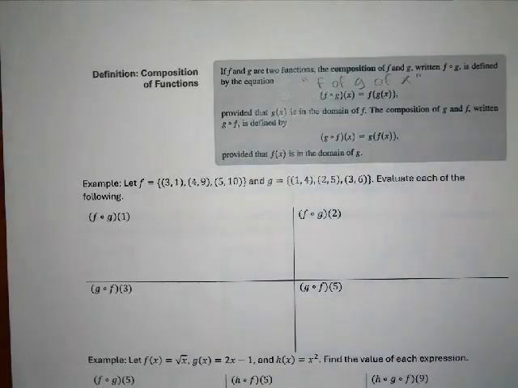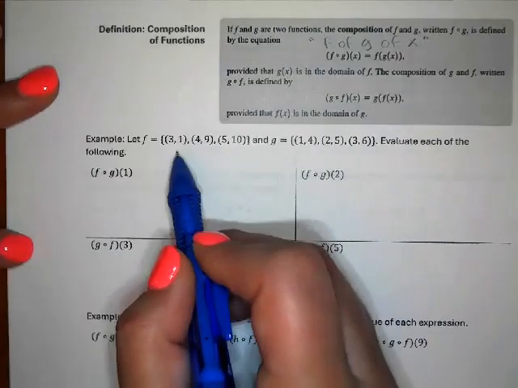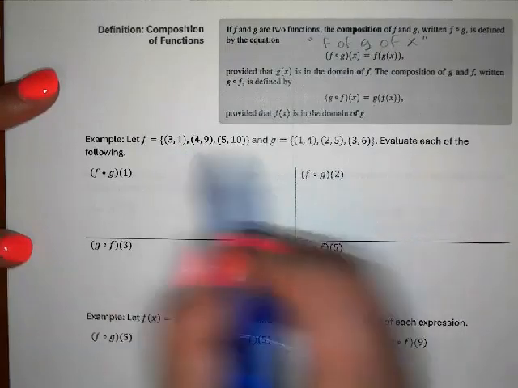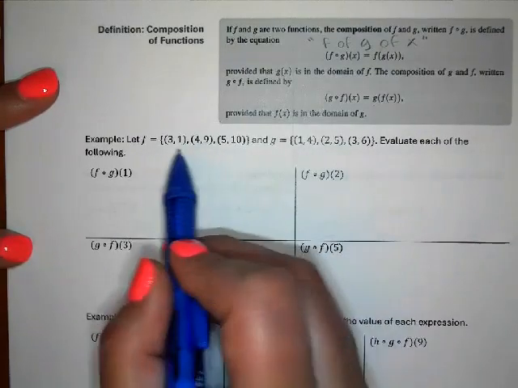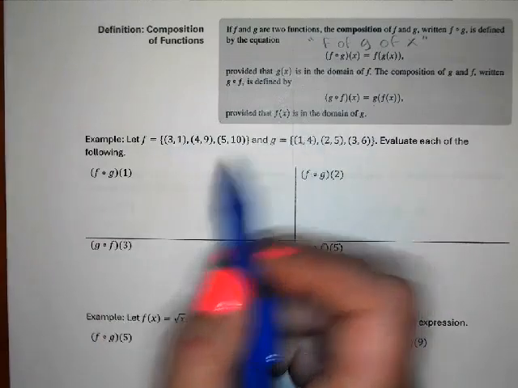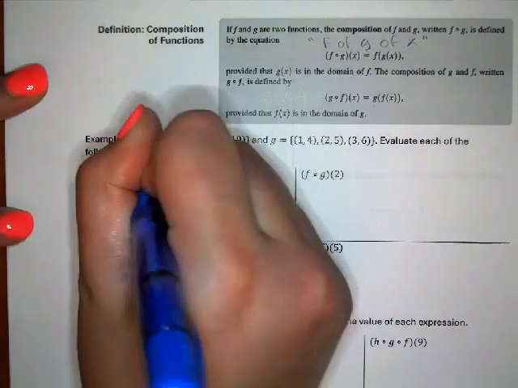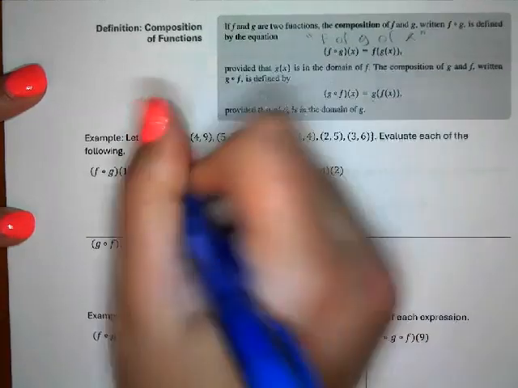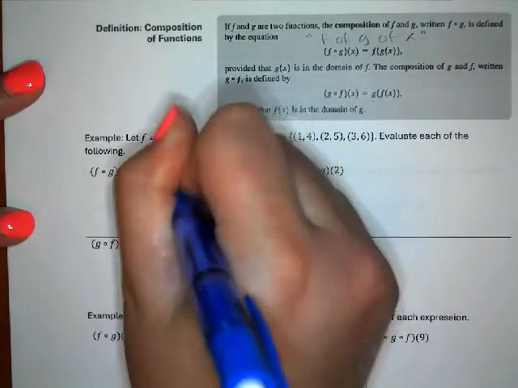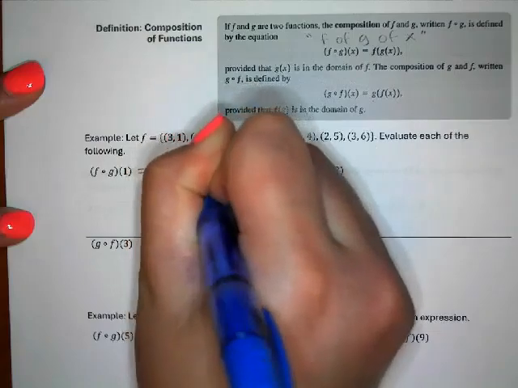So first, we're going to start off easy. We're going to look at doing this with relations, where it's just a set of ordered pairs, and we're going to see how that works. So f of g of 1 means f of g of 1. Whenever we do this, we work from the inside out.